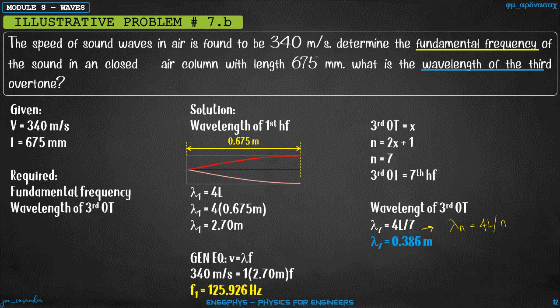So I'll have 1, 2, 3, 4, 5, 6, 7. So this is your L, which is equal to 1/4 of the wavelength times how many 1/4 are there? 7. So we will arrive at the same value of 0.386. Okay?